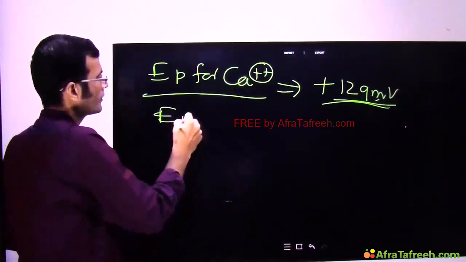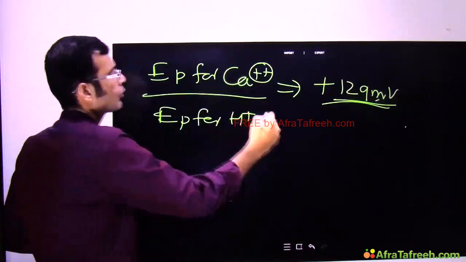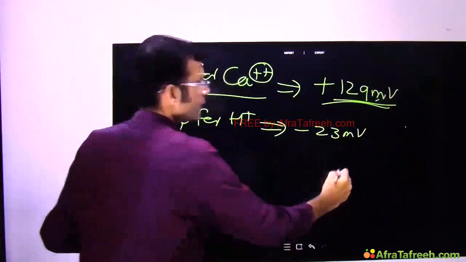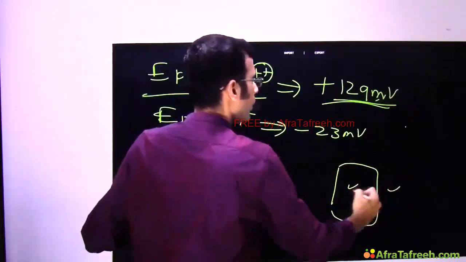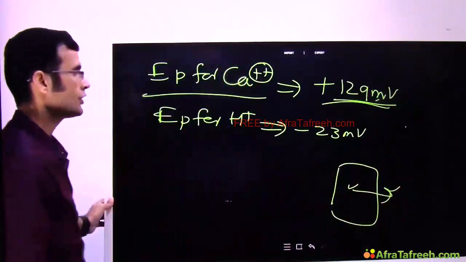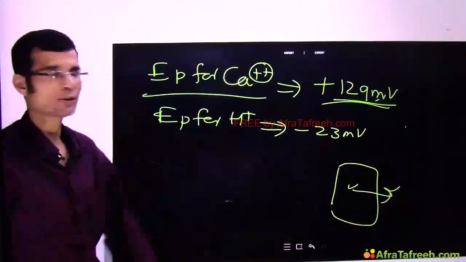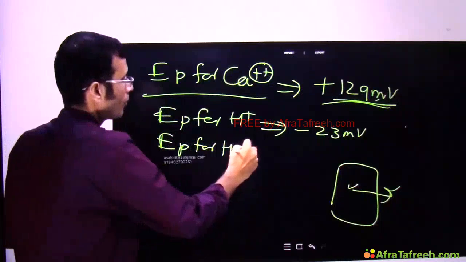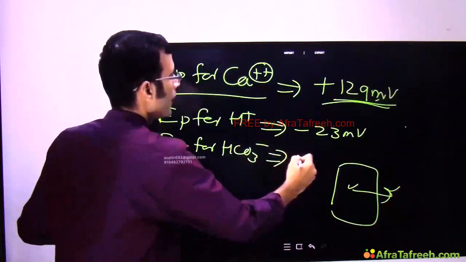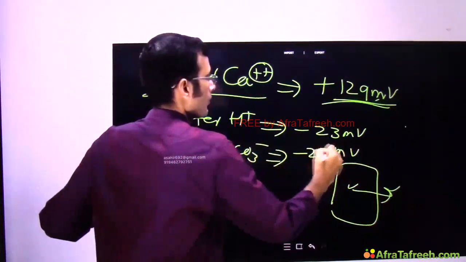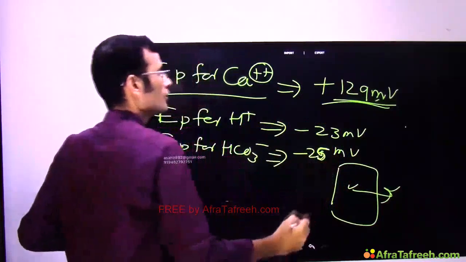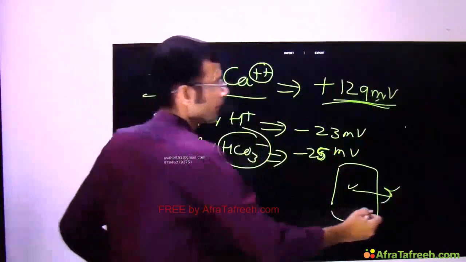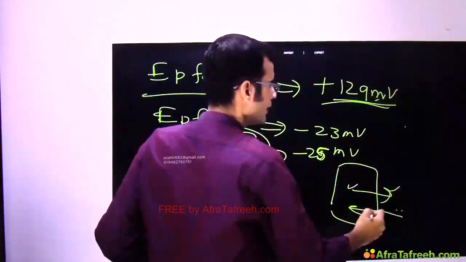For other ions, equilibrium potential for hydrogen would be positive, because hydrogen is more on the inside compared to the outside, so it will go out initially. It will carry the positive charges to the outside. Equilibrium potential for bicarbonate also would be negative, because bicarbonate is an anion, it's more on the outside and less on the inside.